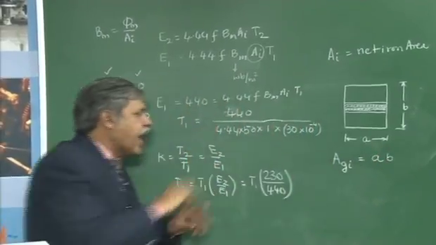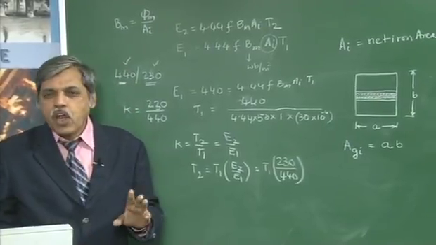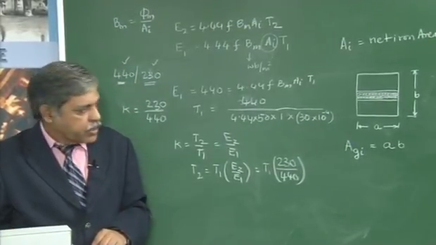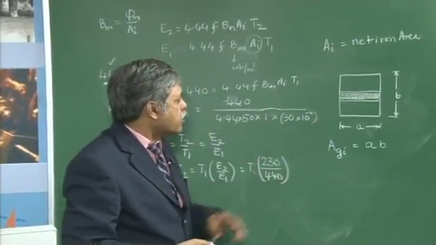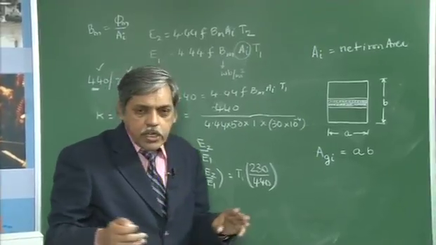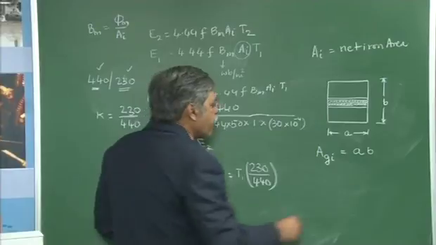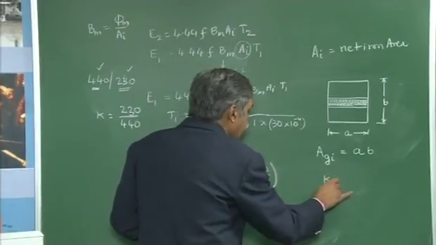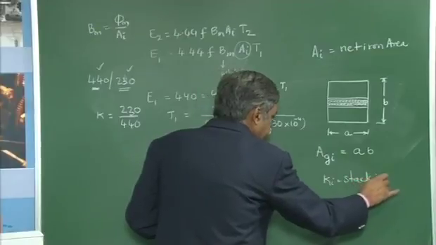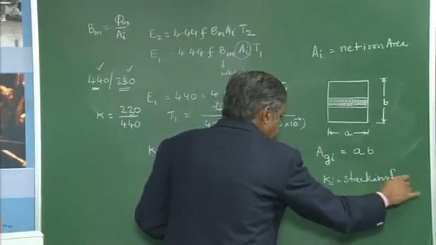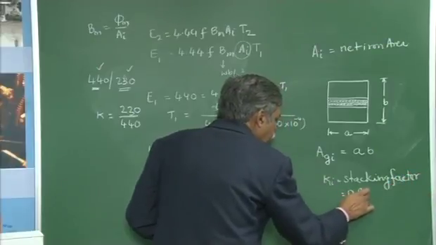But the complete area is not made up of iron. There is a varnish coating, which will not carry the magnetic flux. Therefore, to remove the area occupied by the varnish coating in the core of the transformer, I will be using a factor called Ki. This is called the stacking factor, whose value we will generally take as 0.9.